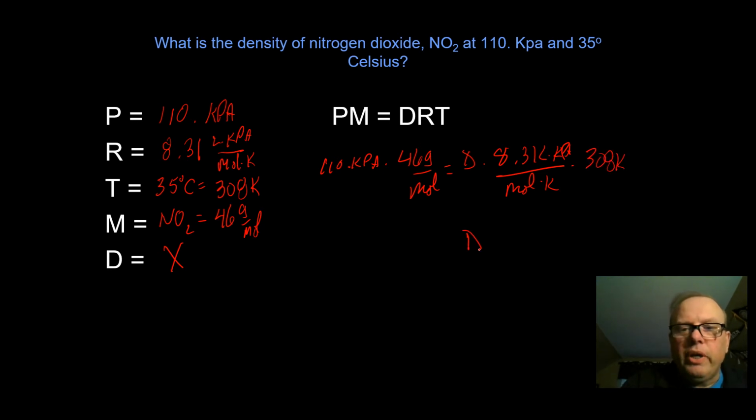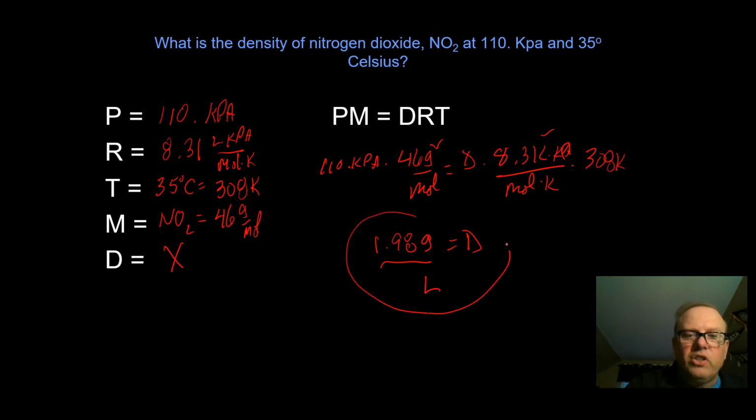I simply rearrange and solve for D, and if I do this, I get 1.98. All the units are going to cancel out except for grams, which is going to come from up here, per liters, which is going to come from over here. So it's going to be 1.98 grams per liter, and that is the density of this sample.